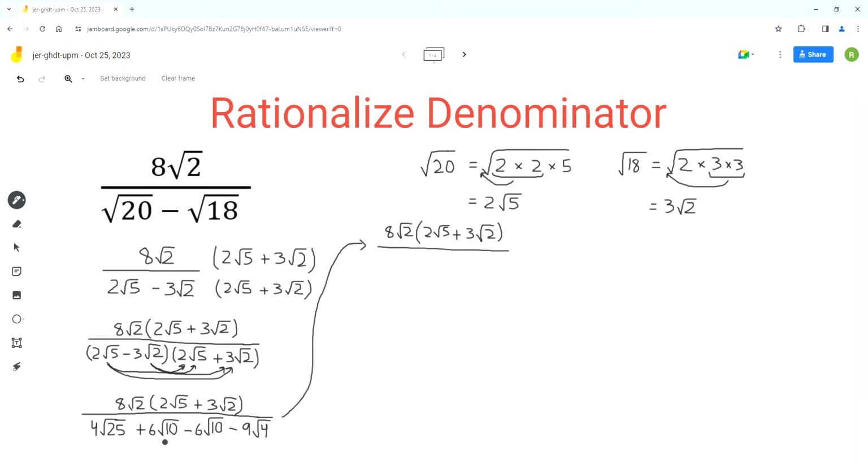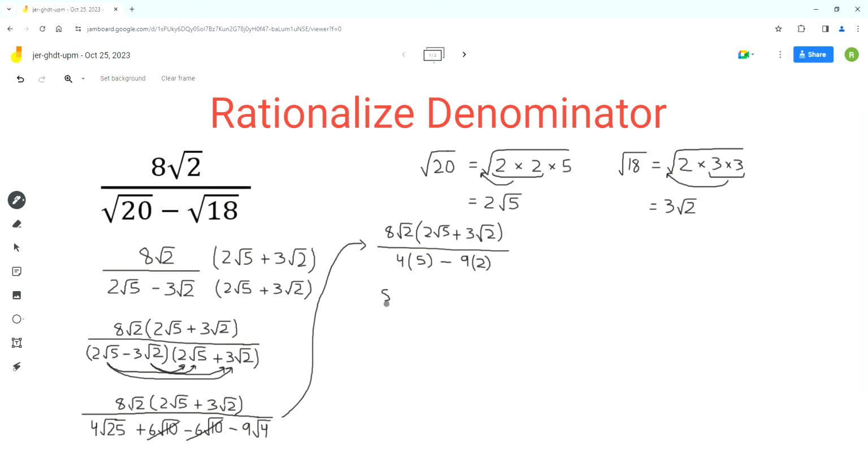Plus 6 square root 10 and minus 6 square root 10 cancel each other out. Now we are left with 4 times square root of 25, and we know square root of 25 is just 5, so we get 4 times 5 minus, and in the other term square root of 4 can be reduced to just 2, so we get 9 times 2.